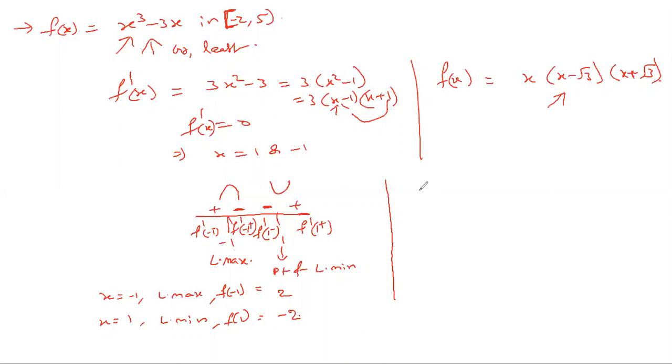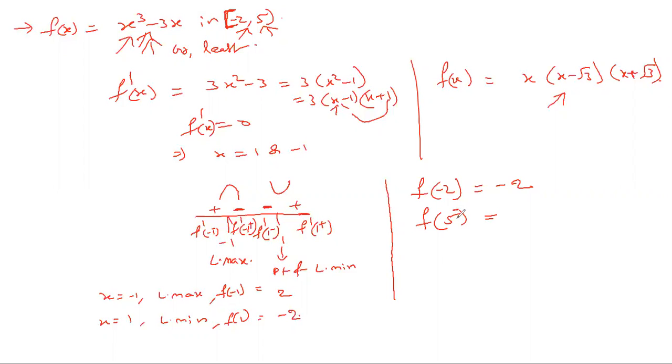Next, functional value at the endpoints of the domain. F of minus 2 will be negative 2, substituting minus 2 in place of x. F of 5: actually, 5 is not present in the domain, it is the left side of 5.